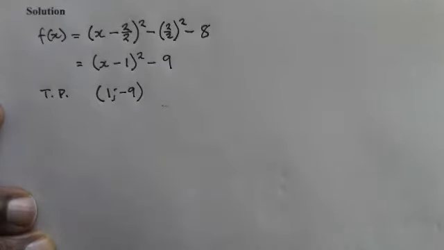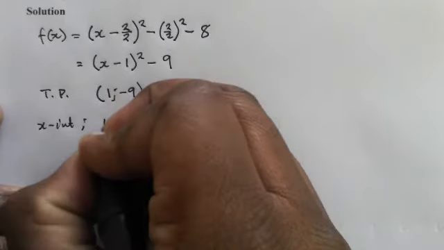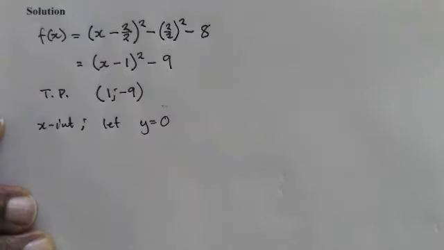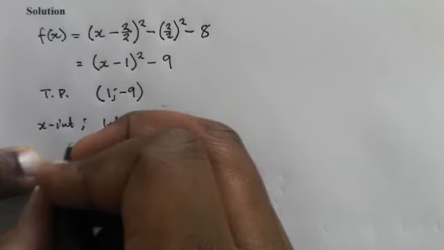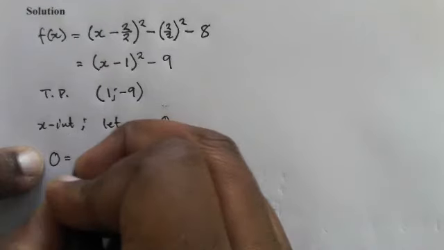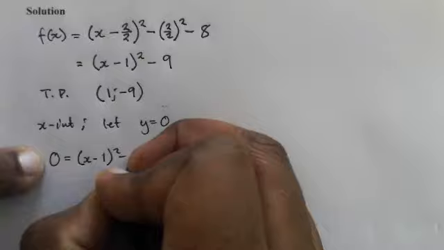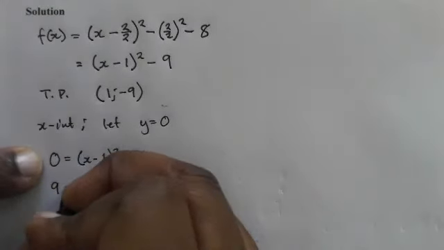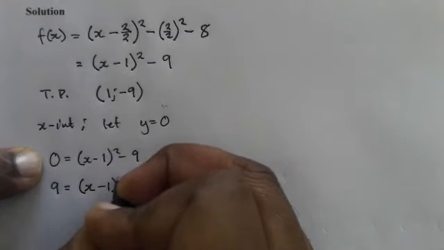Now we need to find x-intercepts. You let y equal to 0. So we've got 0 is equal to x minus 1 squared minus 9. As usual, take the 9 over. So 9 is equal to x minus 1 squared.